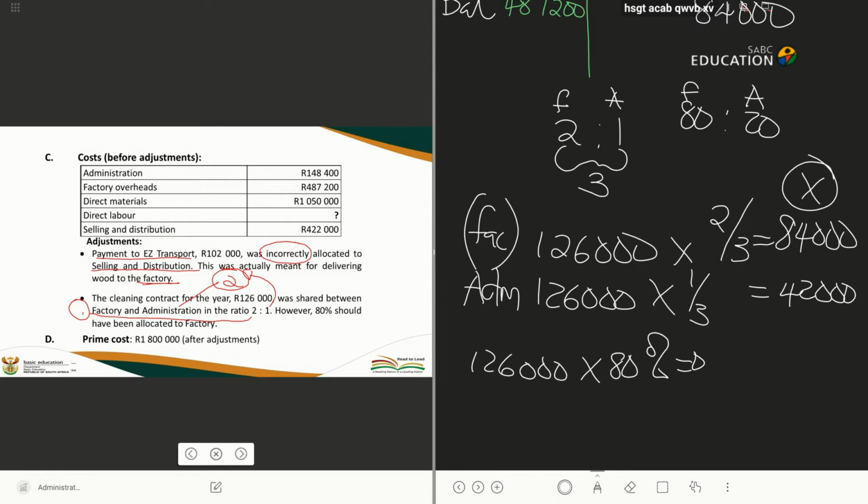It's how much? 126,000 times 80%. It is now 100,800. There you are. Again, minus 126,000, 25,200. Meaning now, this is the correct ones.